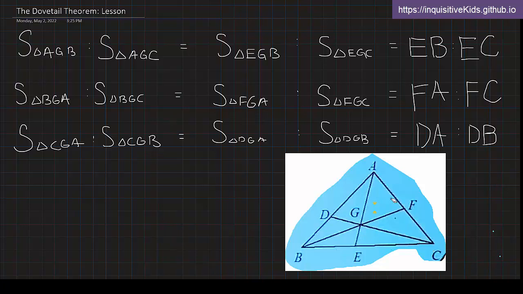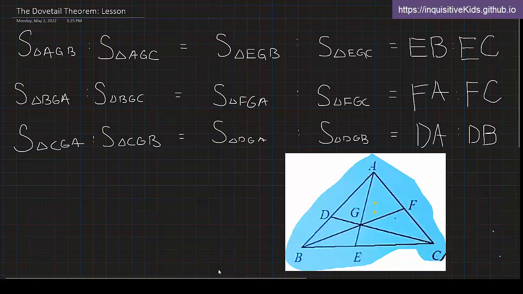But again, say one triangle's height was 1/3 that of another triangle's height. That would still be possible. The area of this triangle is just 3 times that of this triangle.